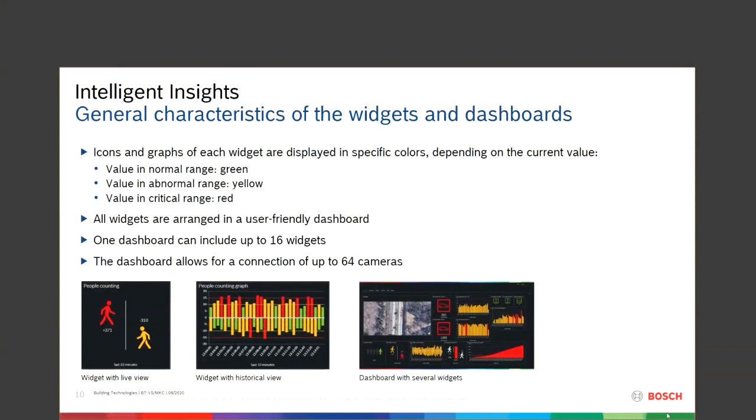If a counter value gets into the abnormal range, which is all configurable, it turns yellow, and if it is an alarm-triggering value, the display changes to red. On a single dashboard, we can include up to 16 widgets, and these 16 widgets can be connected to up to 64 cameras.